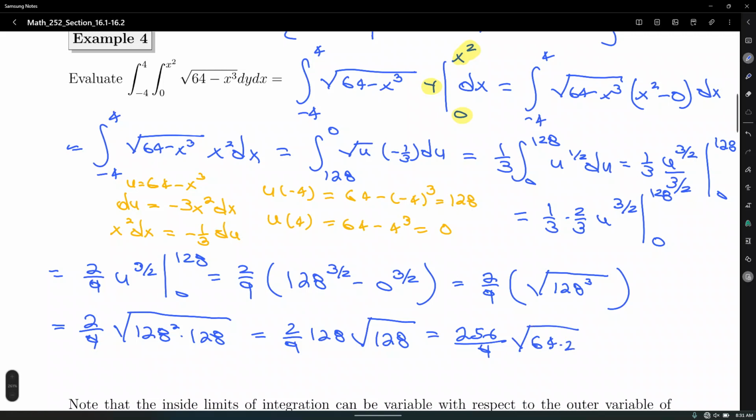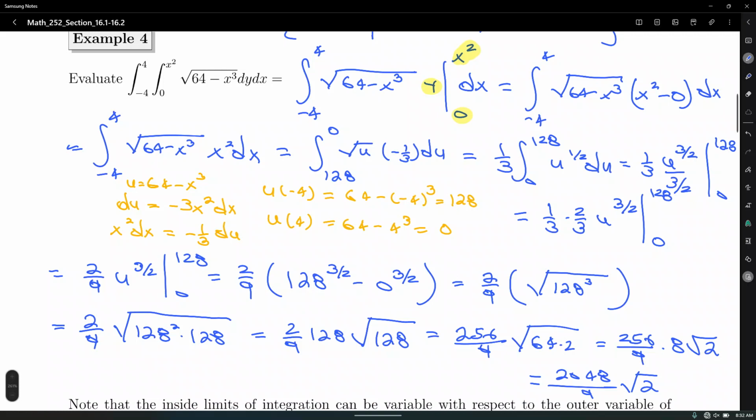The square root of 64 is 8, so that's 256 over 9 times 8 square root of 2. Simplify this to get 2048 over 9 square root of 2. So we need to simplify to the lowest possible terms, not just simplifying fractions but also the radicals.